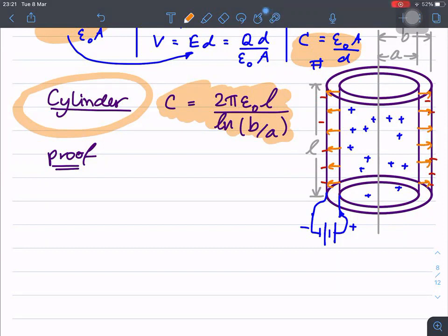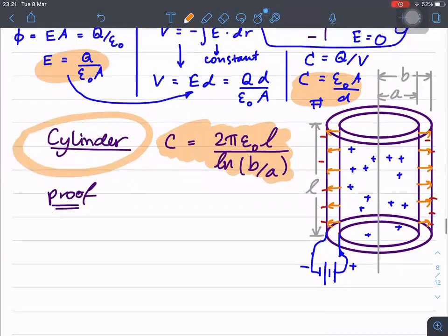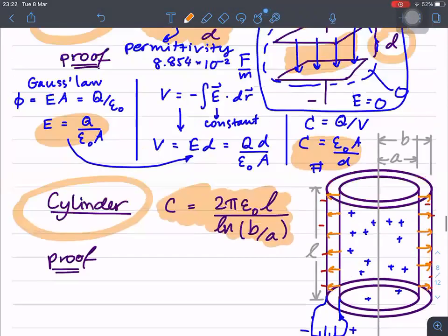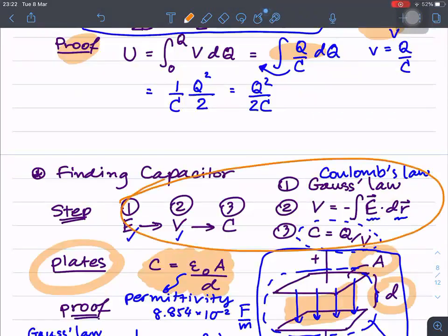And we can then show that C, or the capacitance, will depend on L, the length of the cylinder, and on b and a, which are the outer and inner radii of the cylinder. Okay, so again, we follow 3 steps: Gauss's law to find E, from E we find V, and from V we find C.